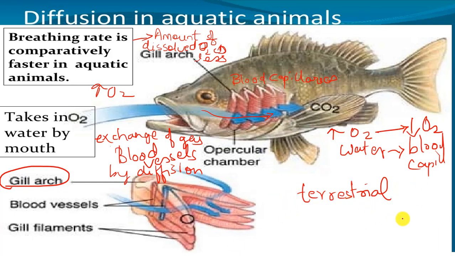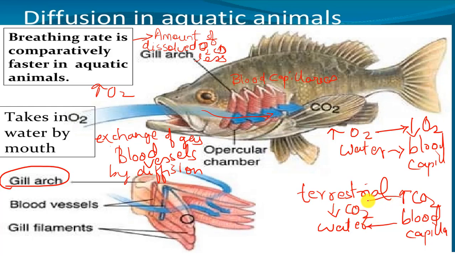At the same time, blood capillaries are coming from all parts of the body of fish, so they have more carbon dioxide, whereas the water has less carbon dioxide. So carbon dioxide tends to move from the region of high concentration to the region of low concentration. That is, carbon dioxide will mix with the water, and then this water will be excreted out from the fish body through an opening called the operculum chamber or opercular chamber.